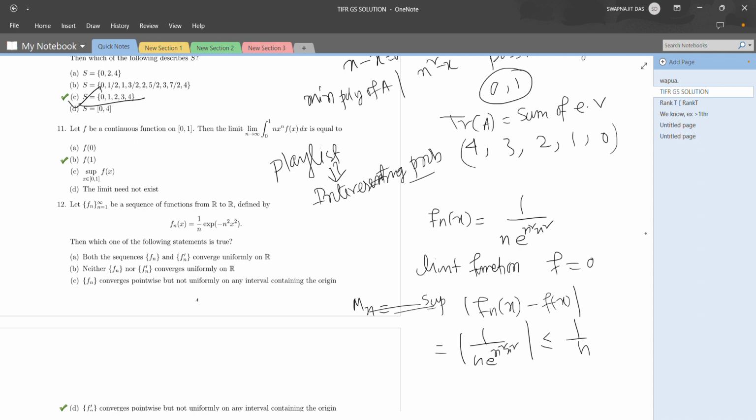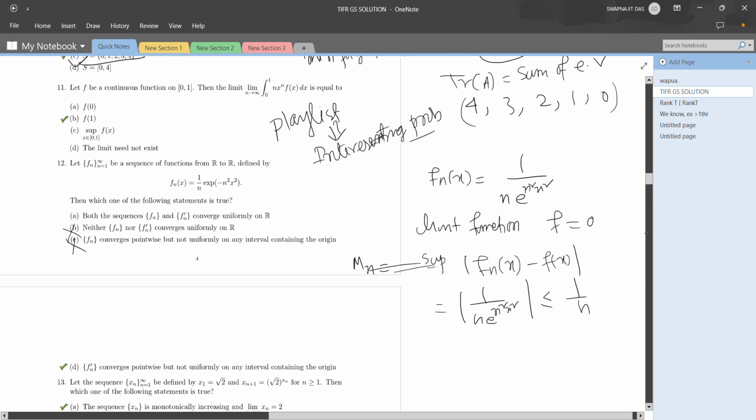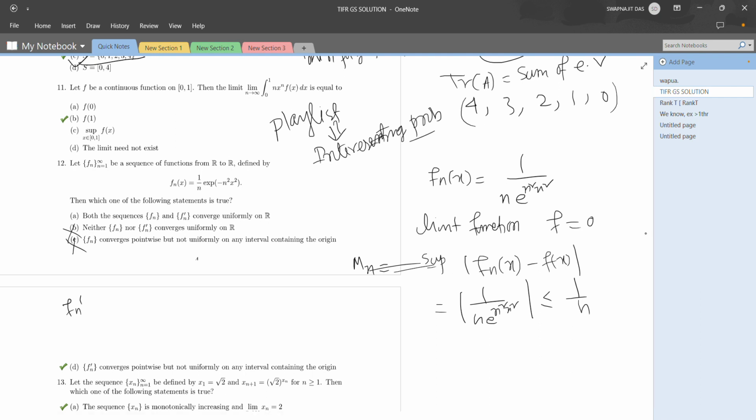Okay. So that means option C is not correct. Option B is not correct. What about option D? What is the derivative? Minus 2nx by e power n square x square.